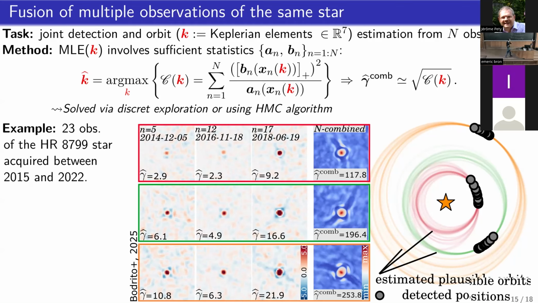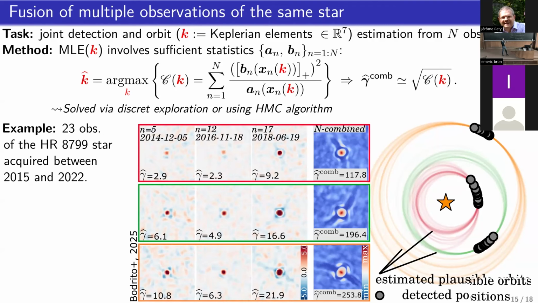And the previous detection task is now recast as a joint task between detection and estimation of the parameters defining the orbits of the planets spanning over months or years of observations. And we are obtaining the estimation of the orbital parameters by maximizing a combined detection criterion over the capital N epochs, or number of observations of the same star, that are involved.